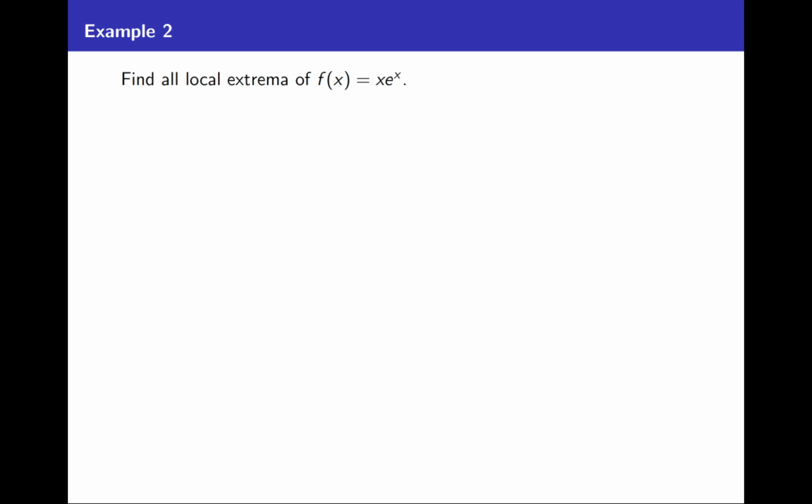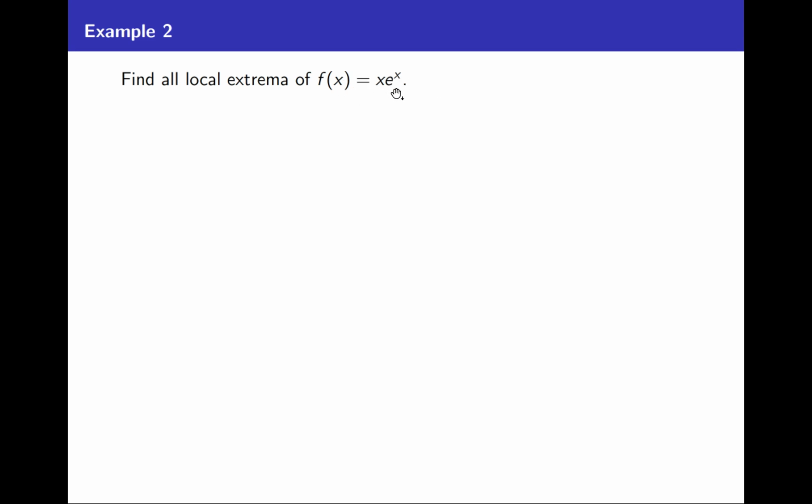Example 2. In this example, we'll find all the local extrema of the function f of x equals x times e to the x. Now the first step, remember, in solving this is to find the critical points of f. And to find the critical points, you need to compute the derivative.